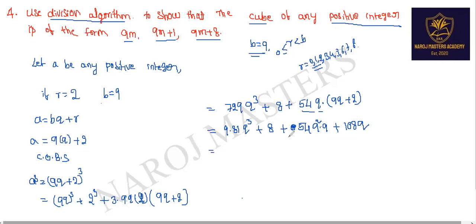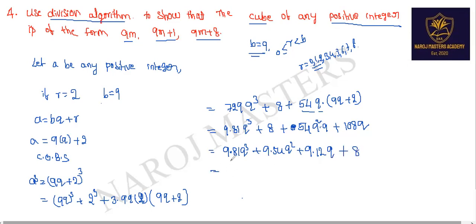Now look here, if you rearrange this: 9 into 81q³, plus 9 into 54q², plus how many times of 9 is 108? 12 nines are 108, so I can write 9 into 12q, plus 8.